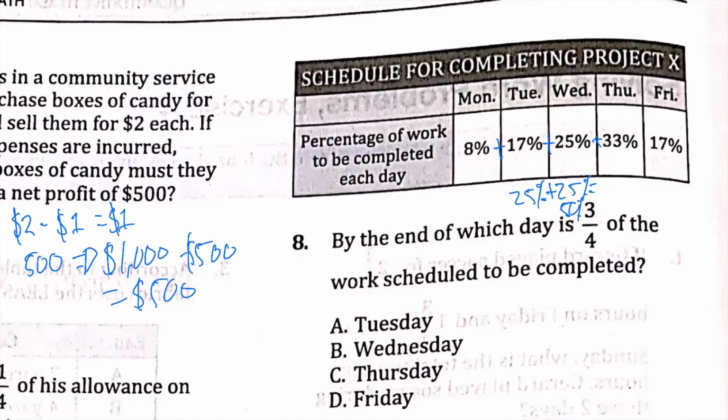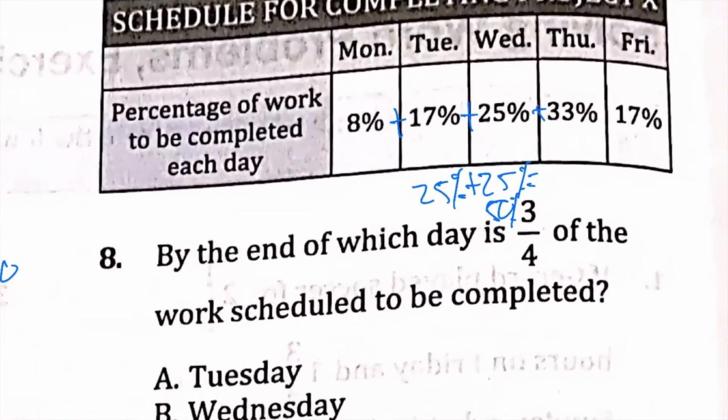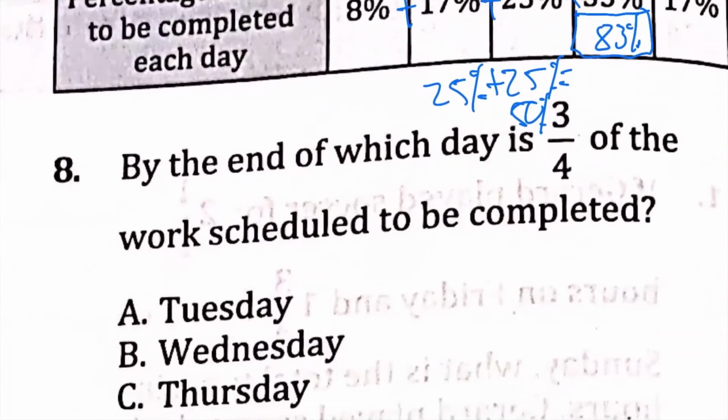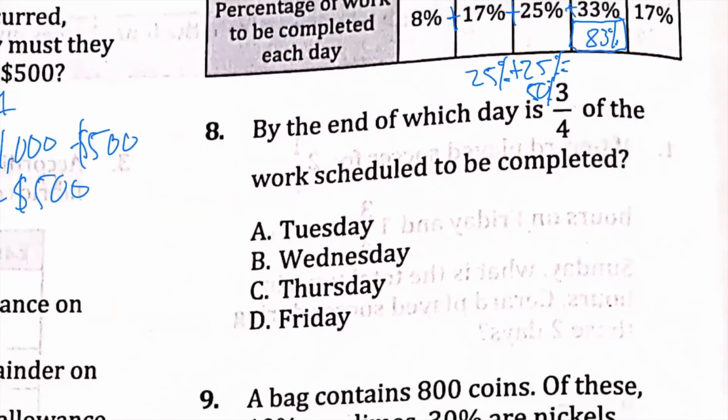And then by Thursday, 50% plus 33% is, survey says, 83%, right? So that means by Thursday, you are done with your 75% of work. See, Thursday.